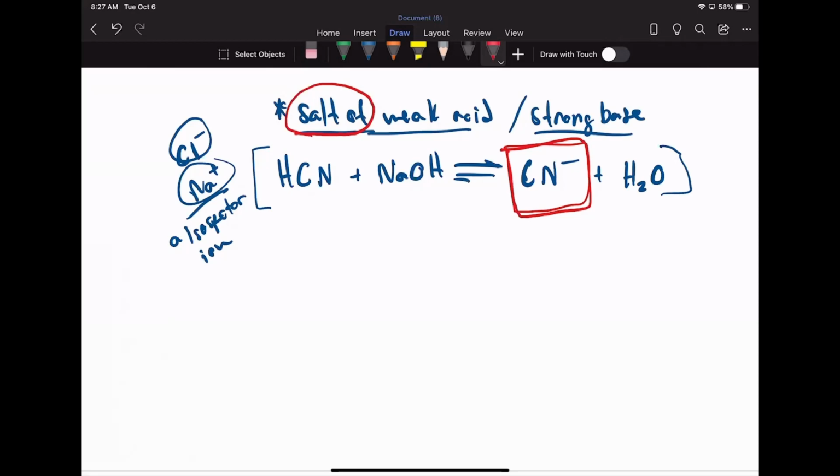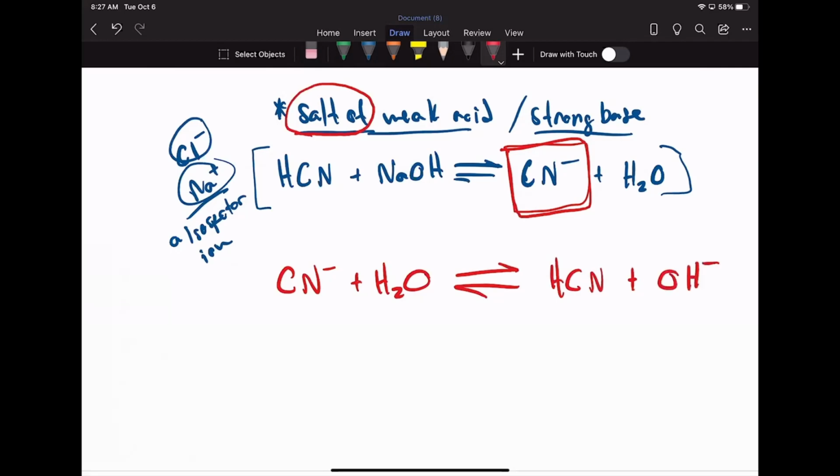If I take that salt of a weak acid, strong base, and I add that to water, the product of this is going to affect the pH. Here we're going to get HCN plus some hydroxide. And what's going to affect the pH?